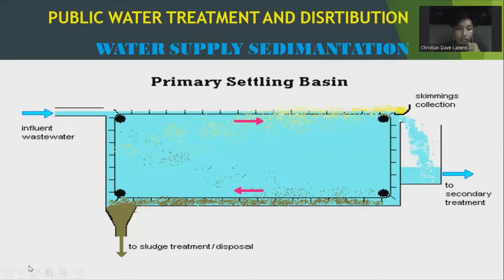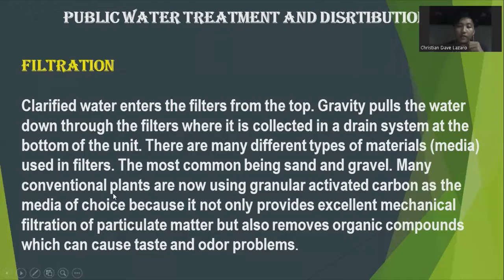And the next one is filtration. In filtration, clarified water enters the filters from the top. Gravity pulls the water down through the filters, where it is collected in a drain system at the bottom of the unit. There are many different types of materials, media, used in filters, the most common being sand and gravel.